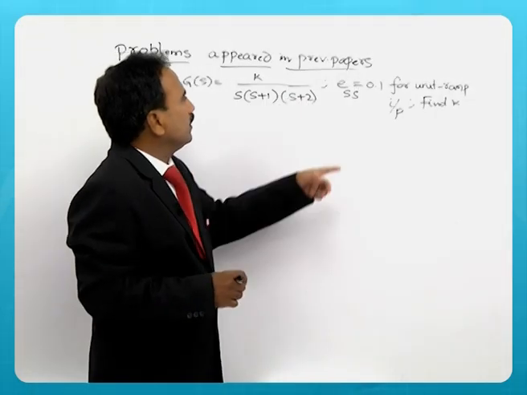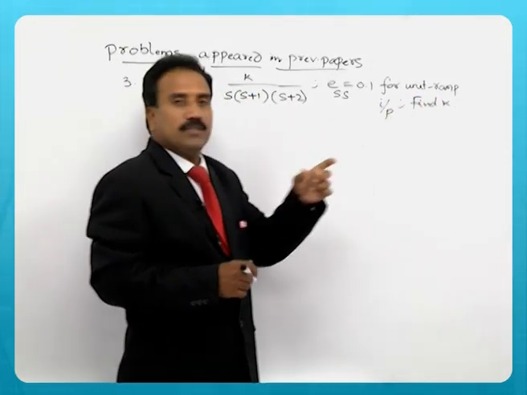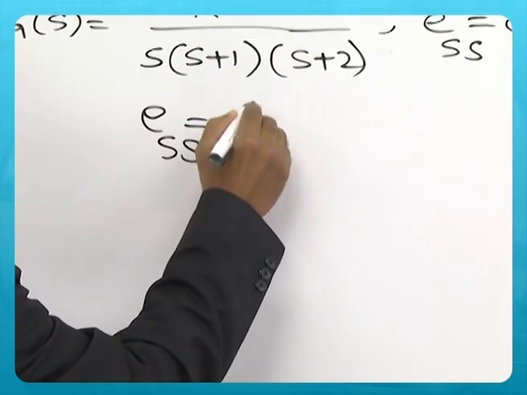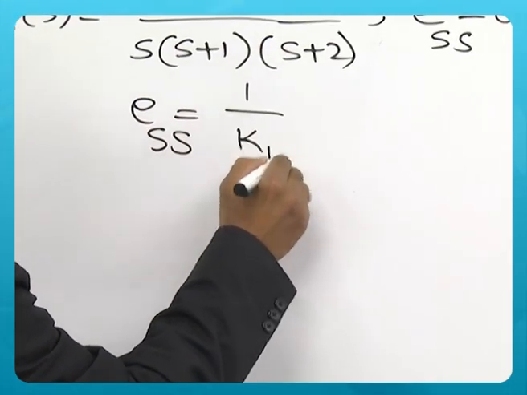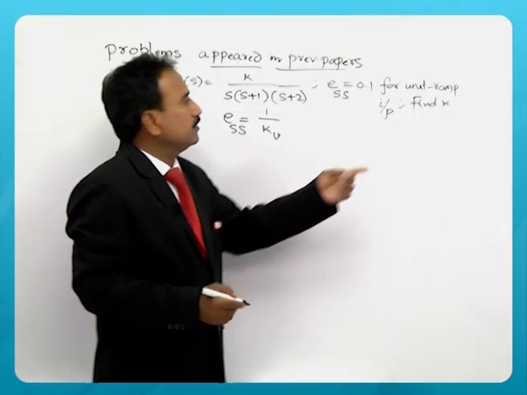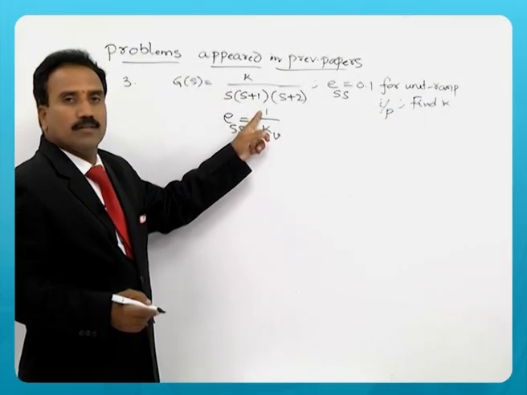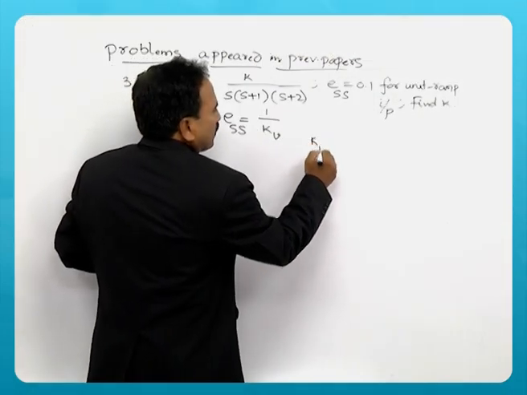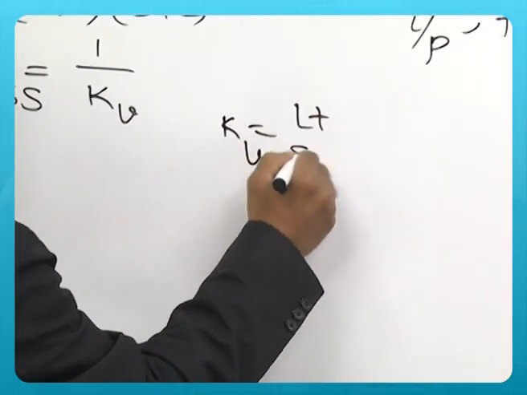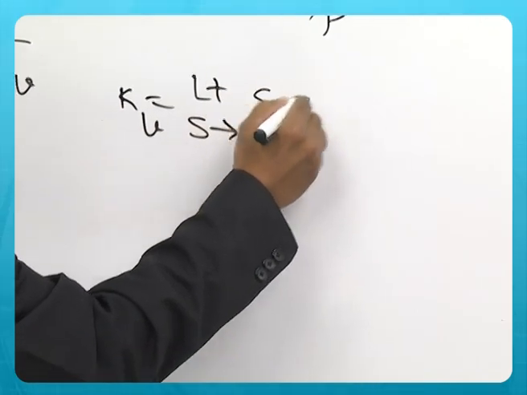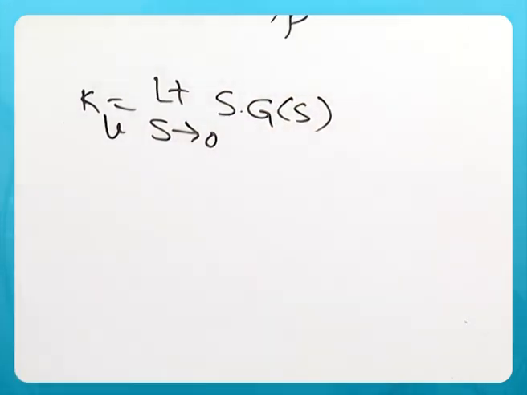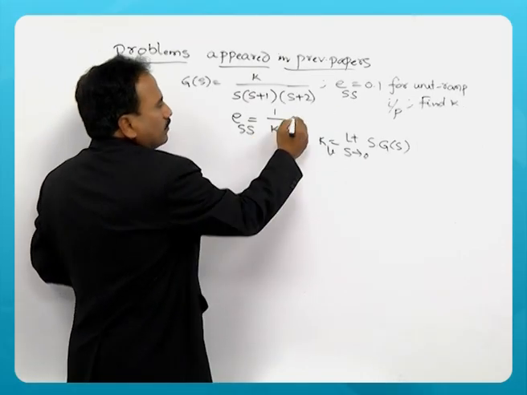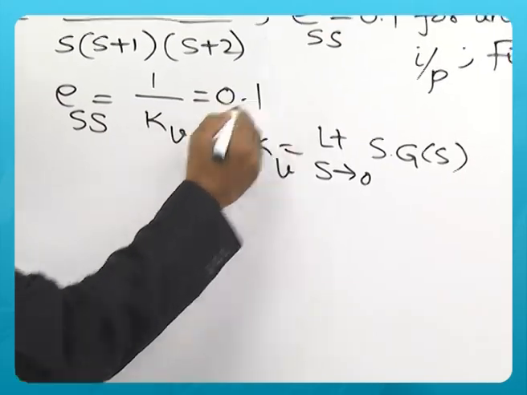When it is said as unit ramp input, the steady state error ESS is 1 by Kv, where Kv is, as you know, limit S tending to 0 of S times G of S. This steady state error is given in the problem, it is equal to 0.1.